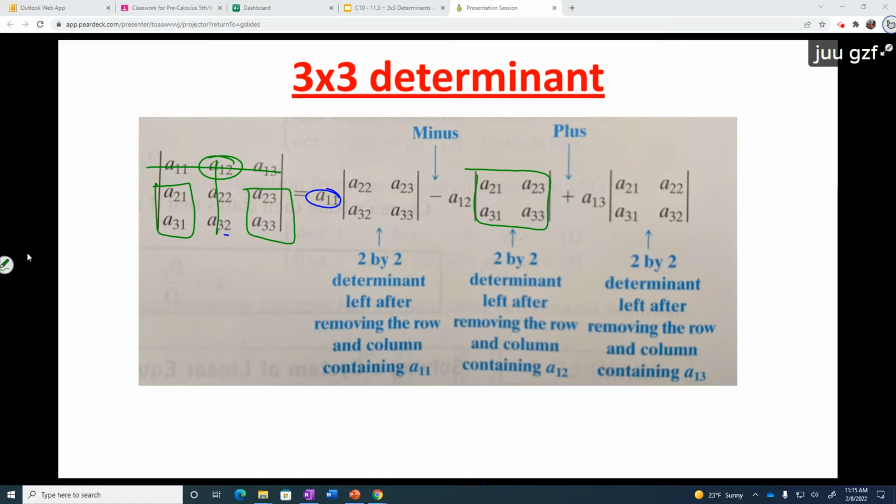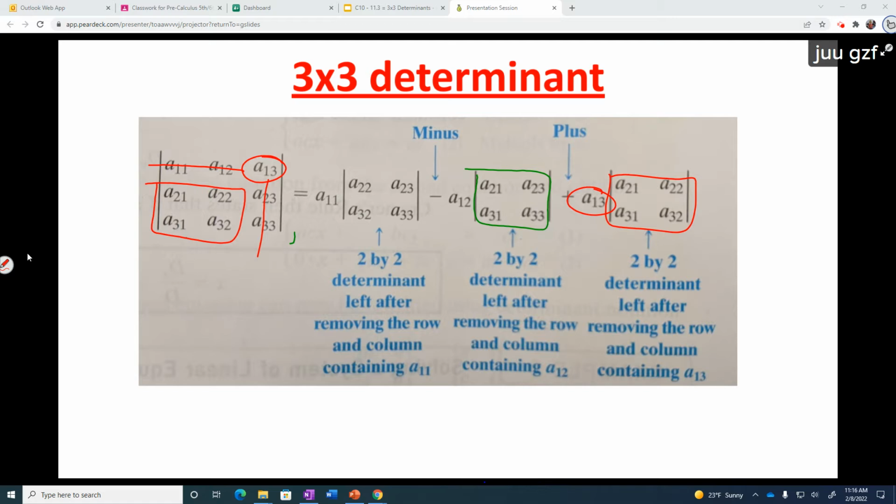And then the third one, A13, right here. As you would expect, these four are the ones not in this row and not in this column. Can you see what's happening there? So we're going to take these numbers on the top, and the numbers in the determinant are the ones that are not in that row and not in that column.